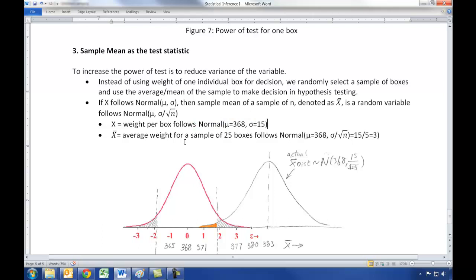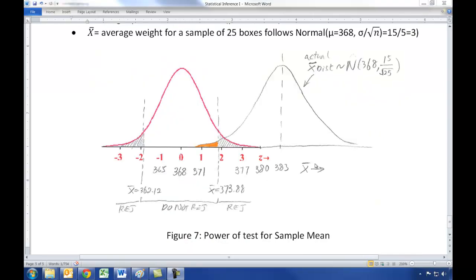And then if instead of measuring an individual box, we pick 25 boxes randomly and calculate the average, we would arrive at the random variable x bar, and it will follow, because of this law, a normal distribution with the same mu, which is 368, but with a much smaller standard deviation, which is 15 divided by the square root of 25, which is 5, and that gives 3 as the standard deviation.